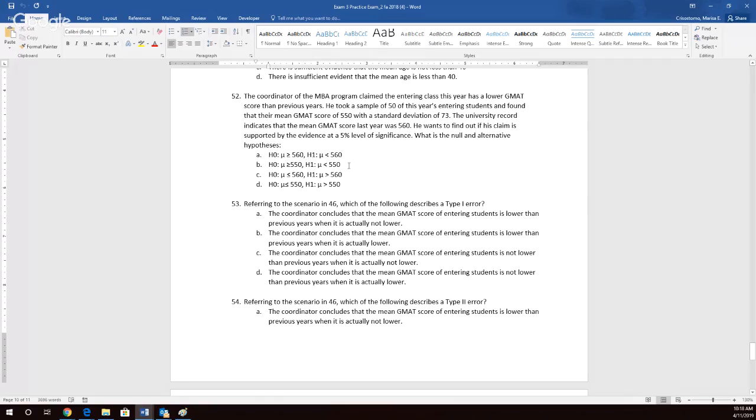So you don't want to use the 550. That's what we have for this particular year. But I'm not trying to prove that this year we have a GMAT score that's less than 550. I'm trying to say that we have a GMAT score that is less than previous years, which was 560.